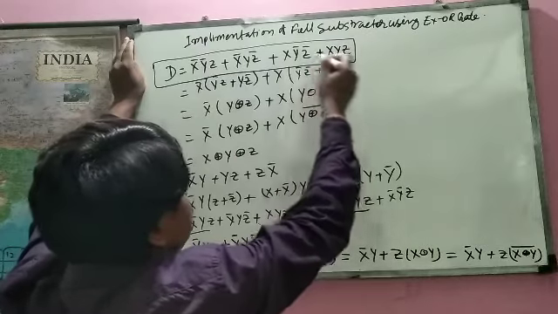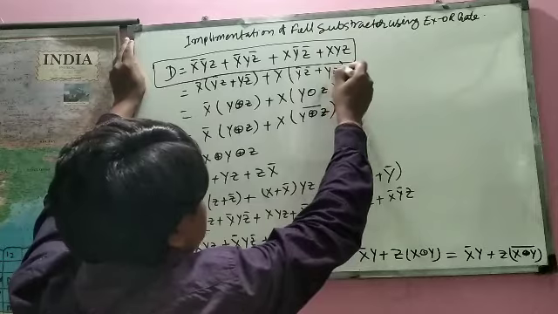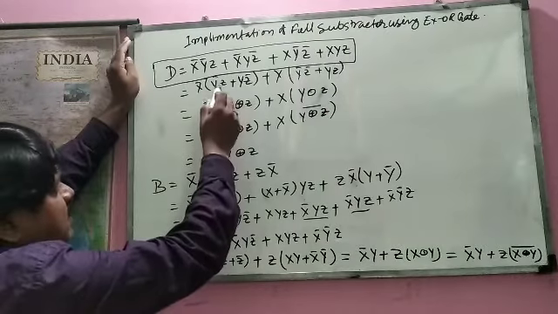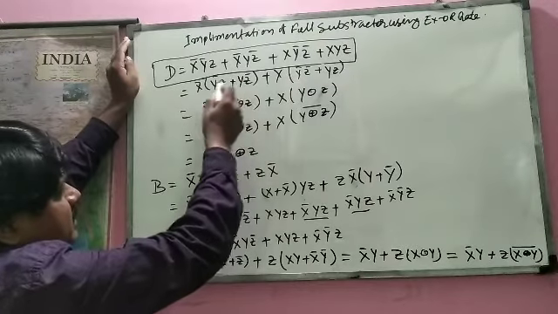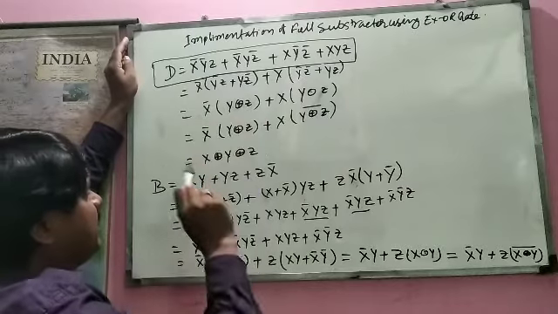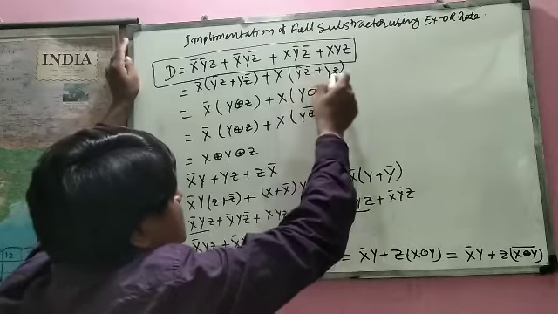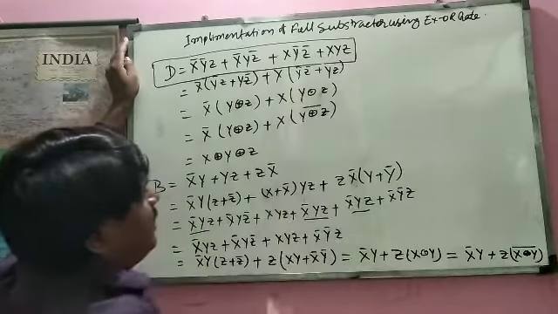What is this? y bar z plus yz bar is nothing but XOR, so y XOR z, and x bar is here. Here it is x, and this is XNOR, so it will be y XNOR z.